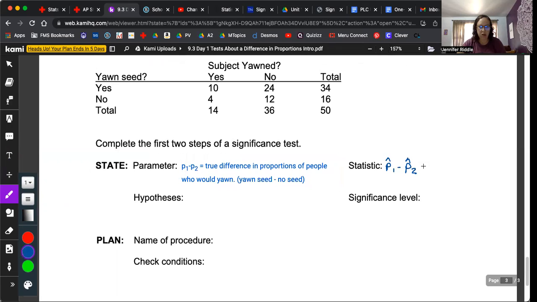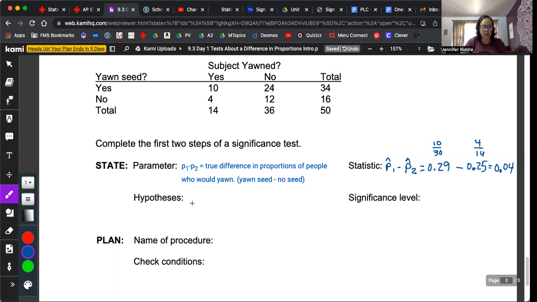So the proportion of people who yawned with a seed, 10 out of 34, is 0.29, minus the proportion who yawned without a seed, 4 out of 16, which is 0.25, which is 0.04. So if you need to write in there, we did 10 out of 34 to get that, and 4 out of 16 to get that. Make sure you have that in there.